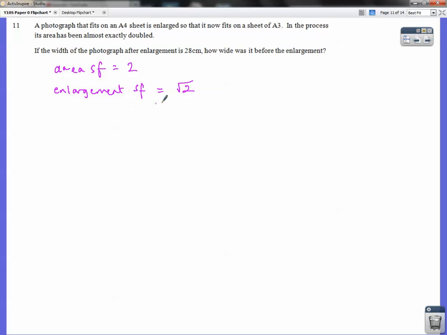So if the enlargement scale factor is root 2, and the width of the photograph after enlargement is 28, then the width before the enlargement has got to be 28 centimeters divided by the square root of 2, and you get 19.8 centimeters. I've worked that to the nearest millimeter.